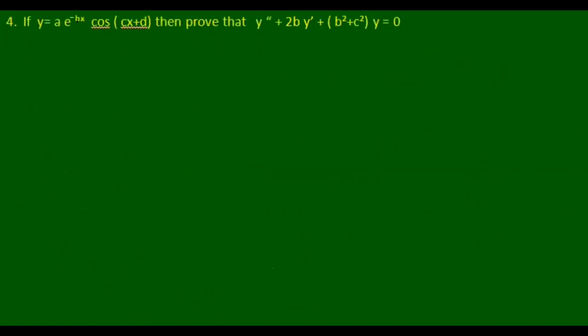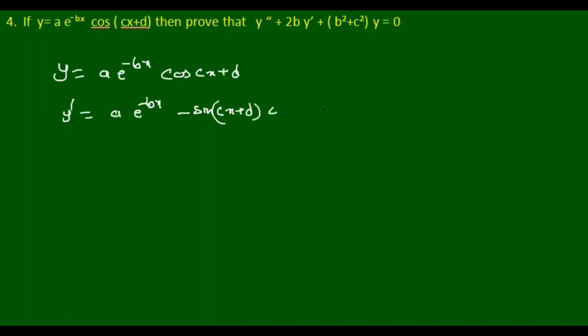y is equal to a e power minus bx cos of cx plus d. Then prove that the second order derivative is given. So what is y? y is equal to a e power minus bx cos of cx plus d. What is y dash? a into e power minus bx as it is. Cos derivative is minus sin cx plus d into c. And then a into cos of cx plus d is a constant.